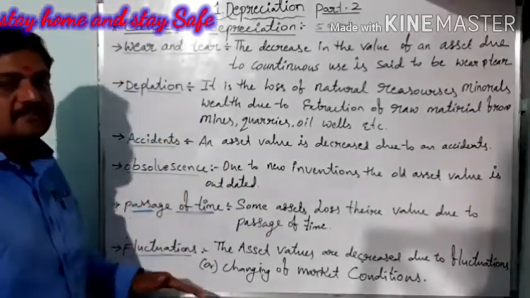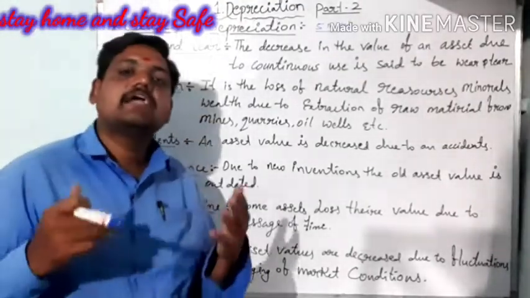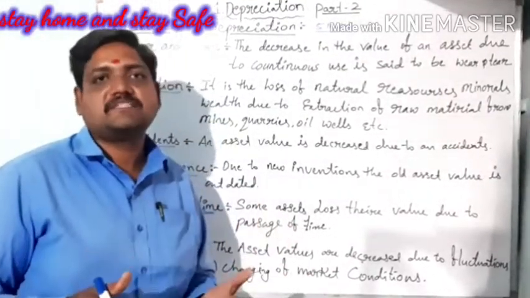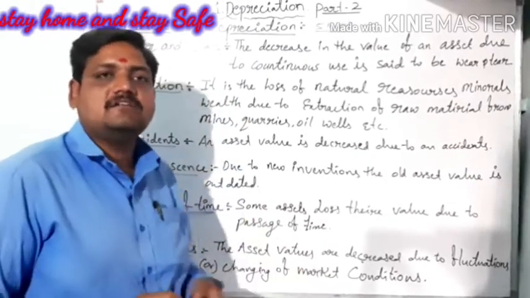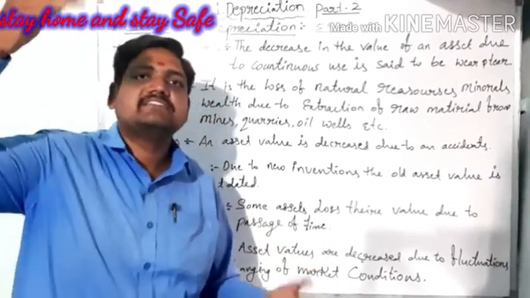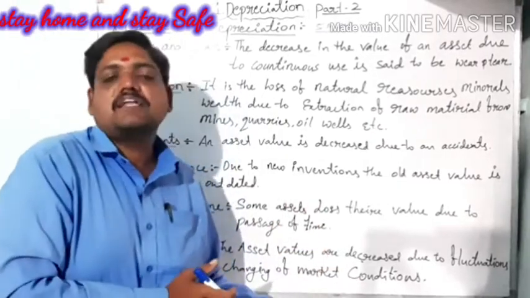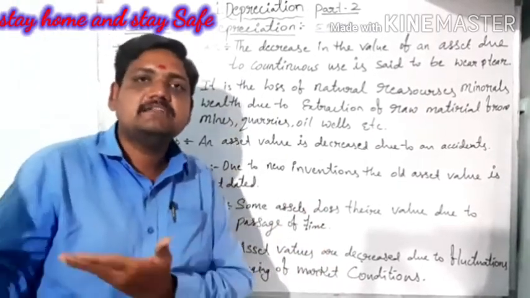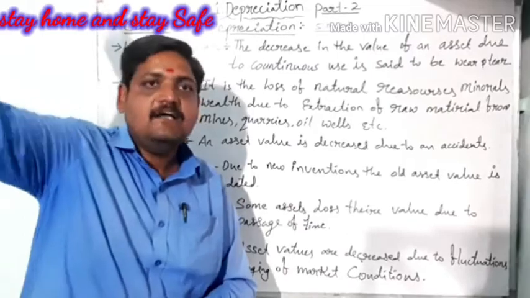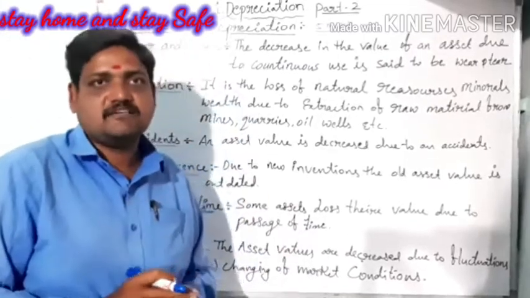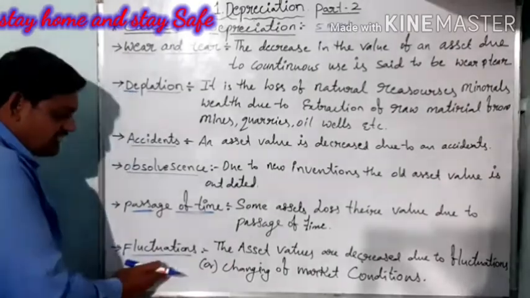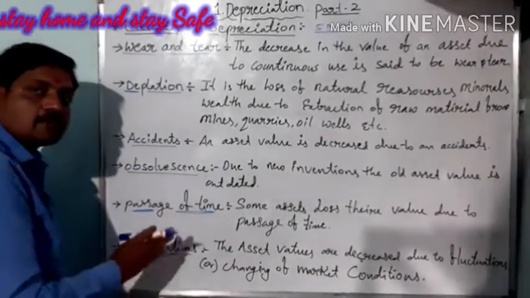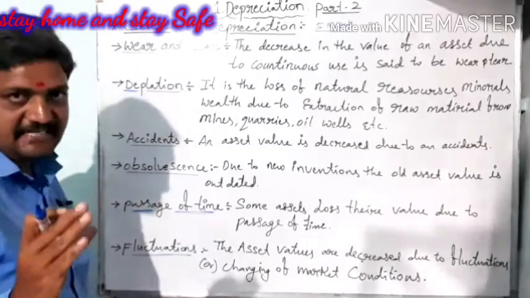Because of the change in market condition, economic power may collapse. At present, it is the corona period. In the corona period, the dollar value increased and the rupee value decreased totally. So that's why at present the gold price has increased. So that is one of the fluctuations, because that is the market condition. So fluctuations are also one of the major causes of depreciation.